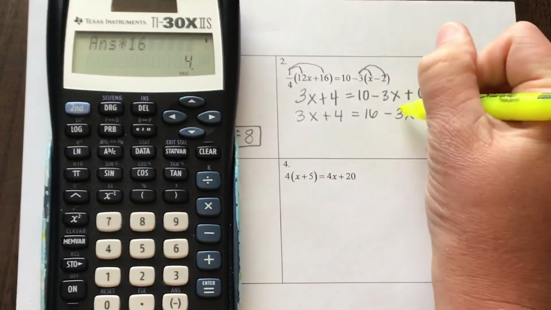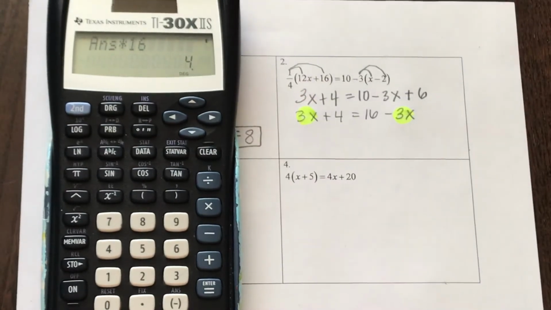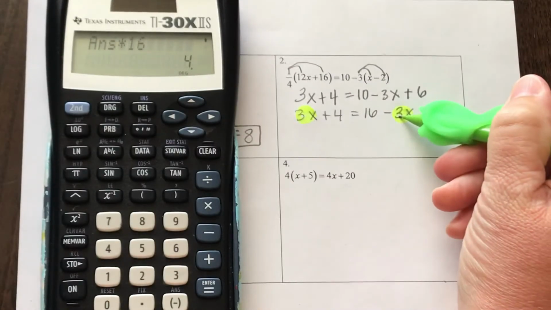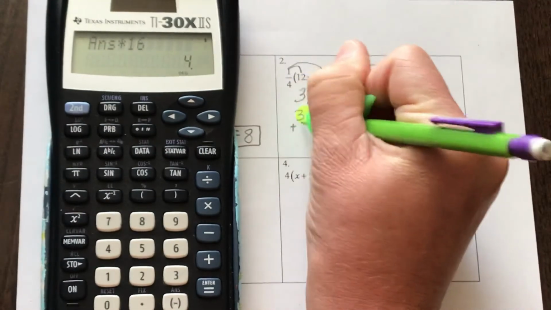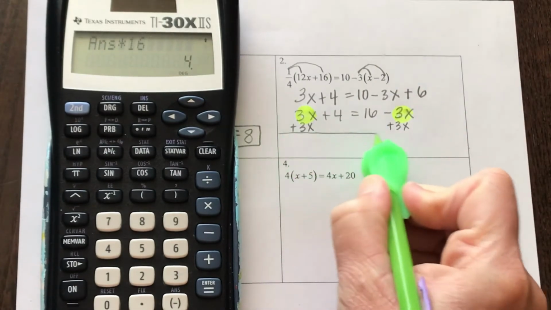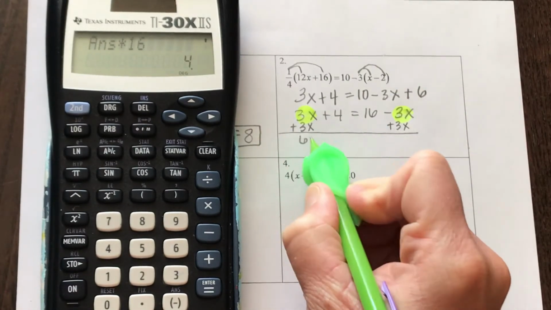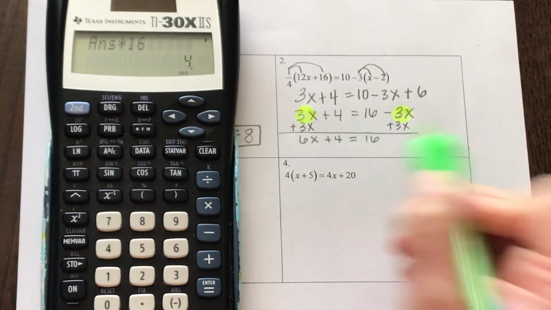Now, I notice I have a -3x on the right and a +3x on the left. So what I'm going to do is move the smaller variable term. So I'm going to add 3x to both sides of my equal sign. Now if I do that, I'm going to have 6x plus 4 is equal to 16.